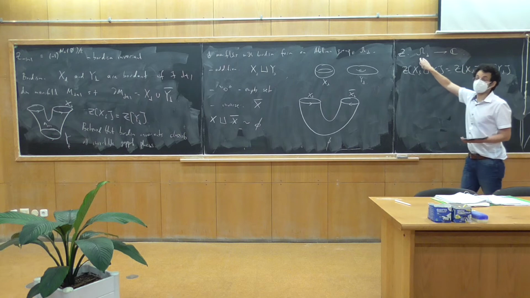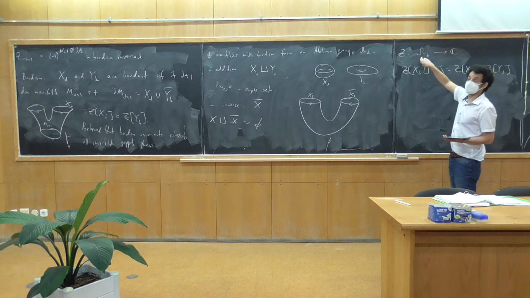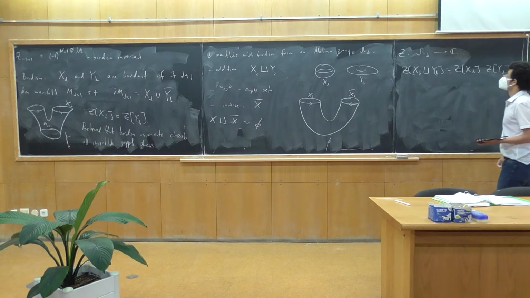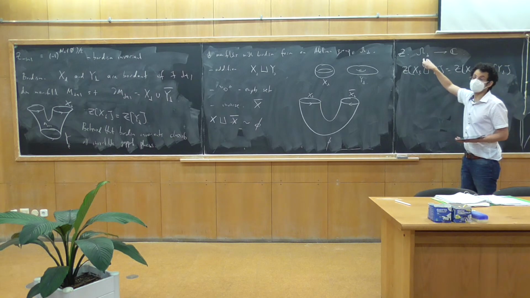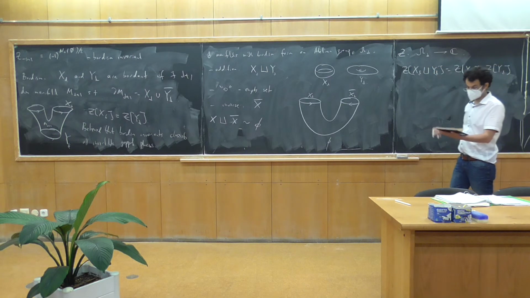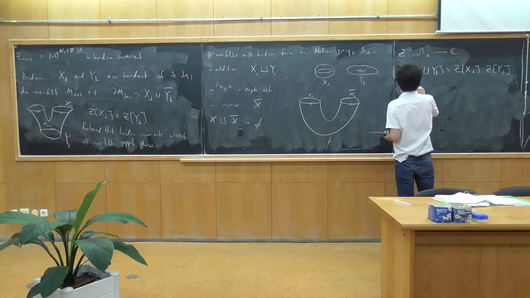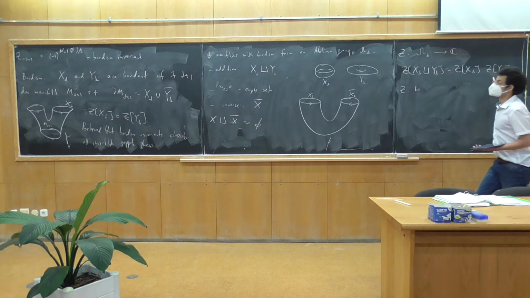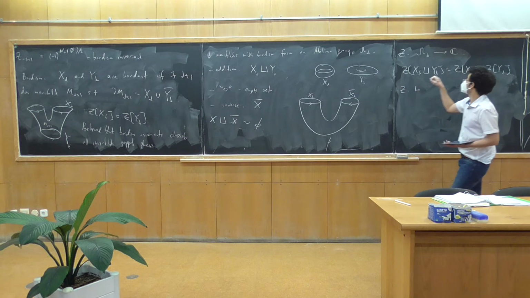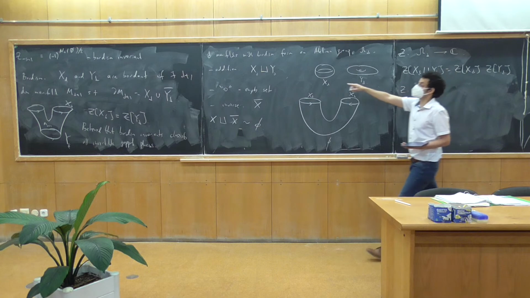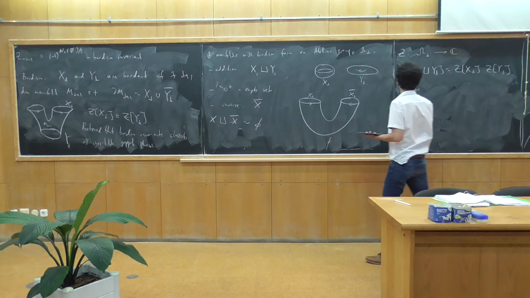So, if the partition function of the theory is a bordism invariant, then it should be a homomorphism from this bordism group to C. This is just exactly the homomorphism condition, because remember the disjoint union is the addition operation in the bordism group.